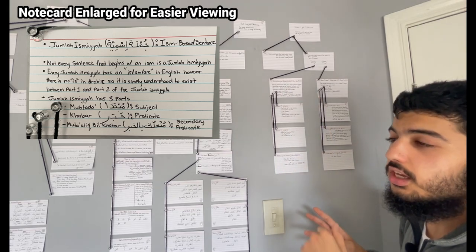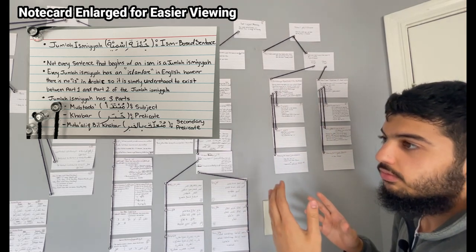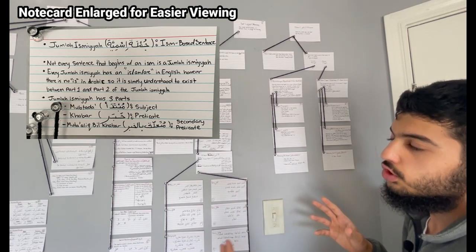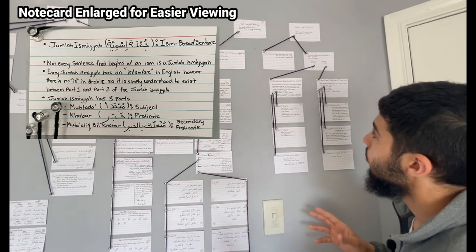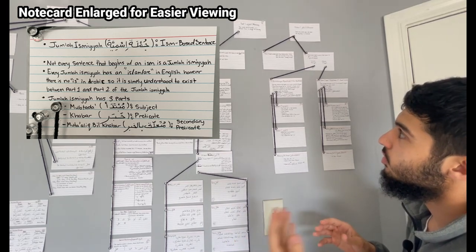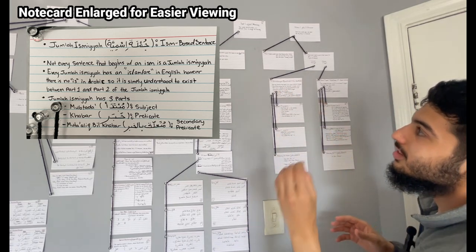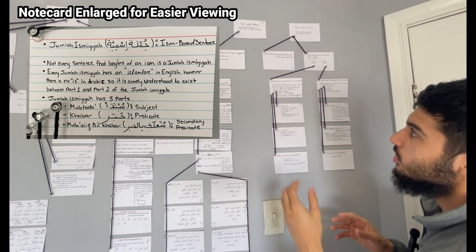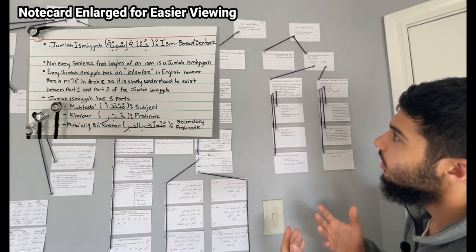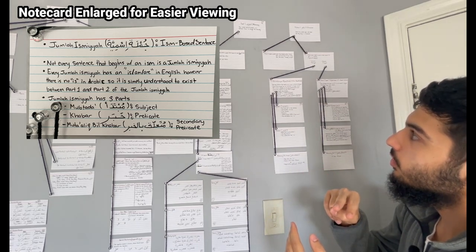So he is whatever. The house is large. The bus is yellow. The "is" is what makes it a jumla ismiya. However, in Arabic there is no "is".